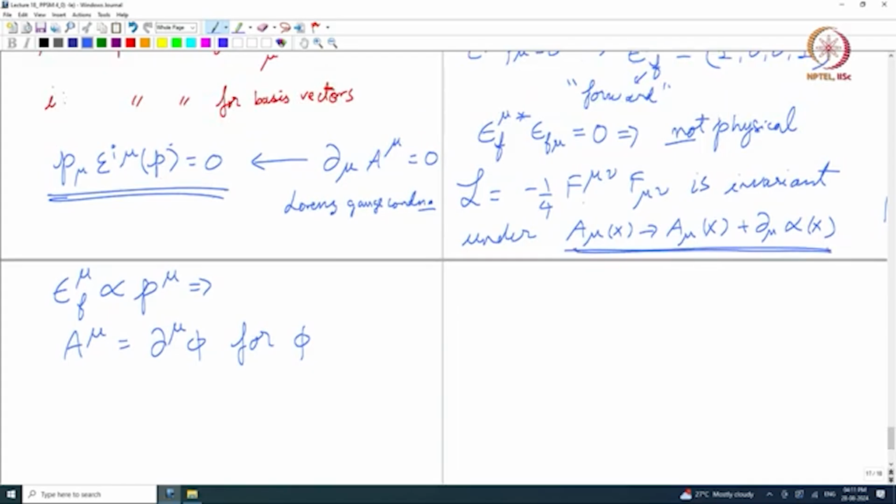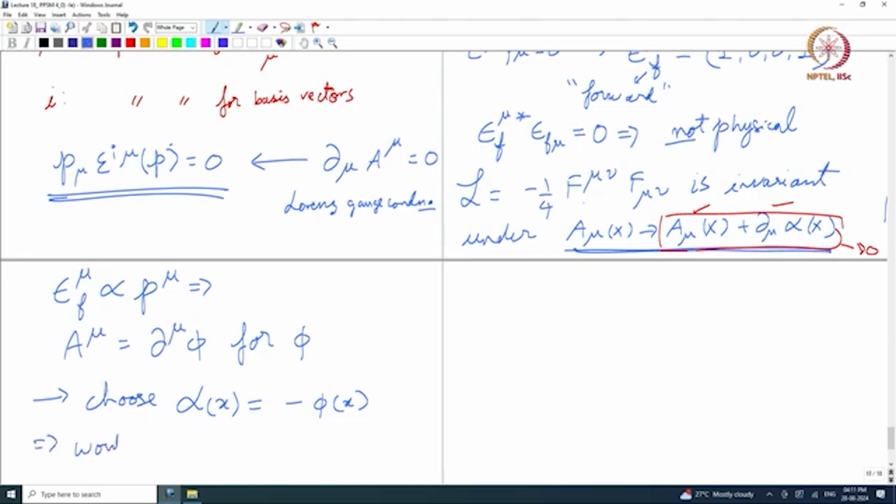Okay. That means if I choose that alpha equal to minus phi, something weird happens. These two terms cancel each other now. Agreed? So, that means I have gone into some field configuration where this whole thing is actually 0. Is that not strange?